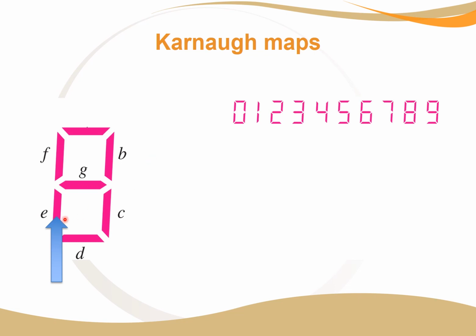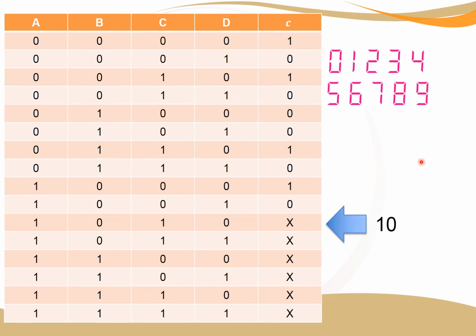And this is how the 7-segment display shows numbers from 0 to 9. So, sorry, the C segment. I chose it because it's the segment that's least common.